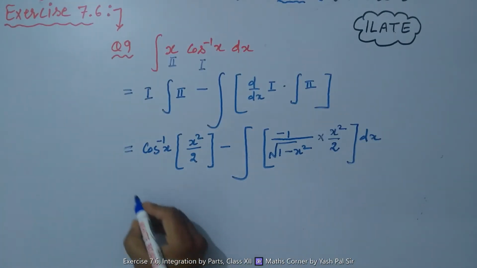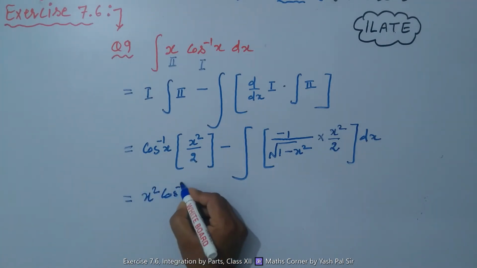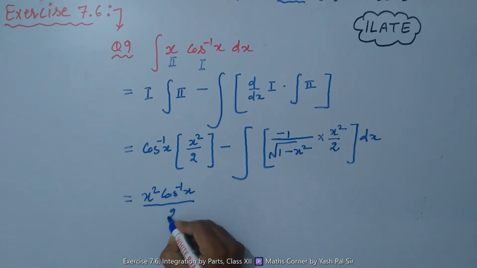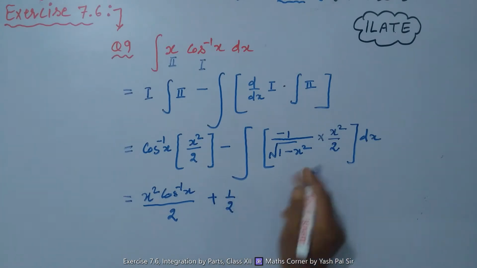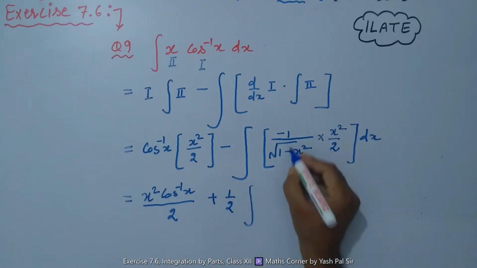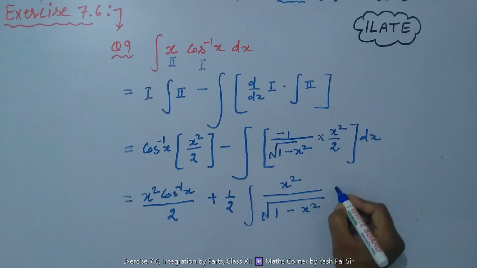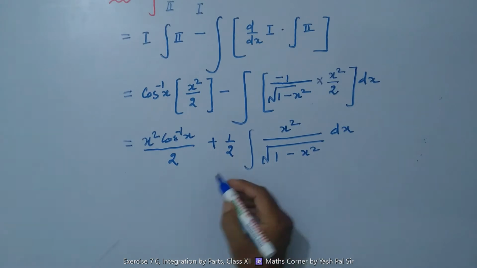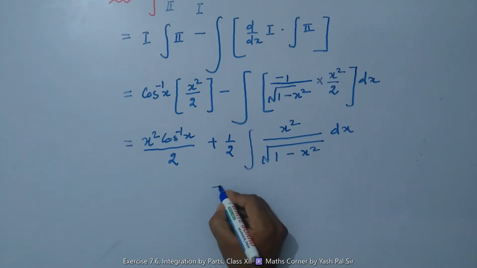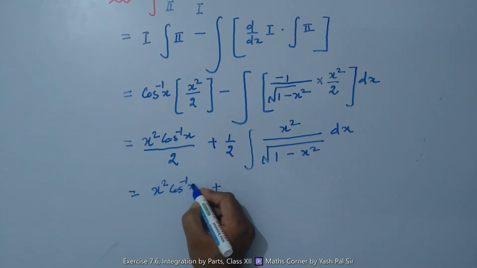So accordingly our question now becomes equal to x square into cos inverse x, whole divided by 2, this minus minus plus 1 upon 2 integration of x square upon square root of 1 minus x square dx.